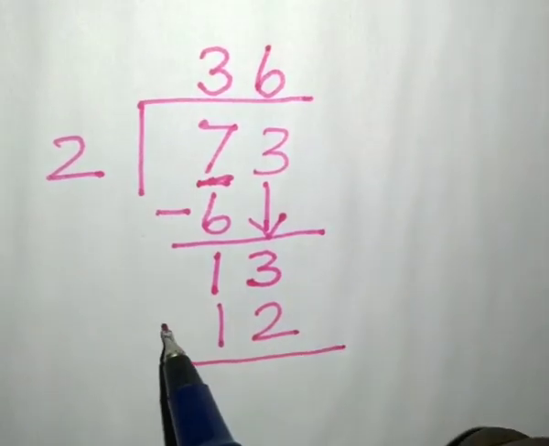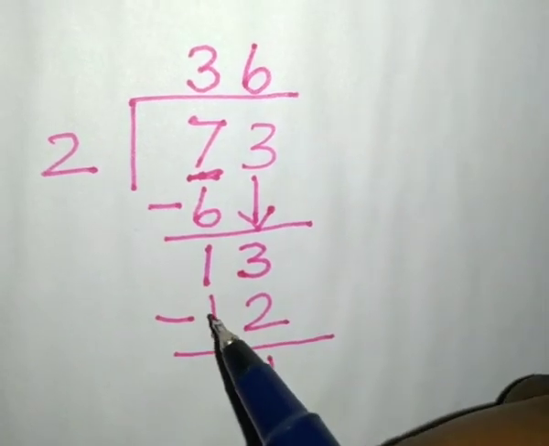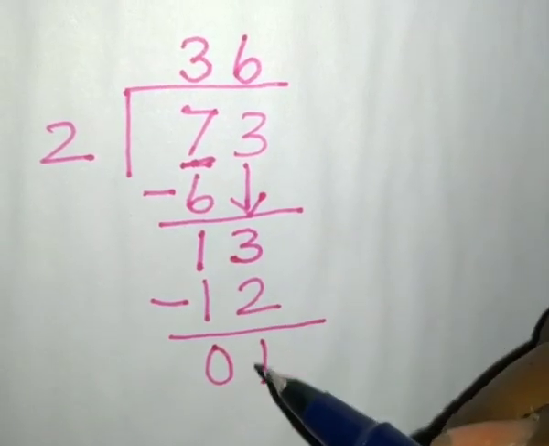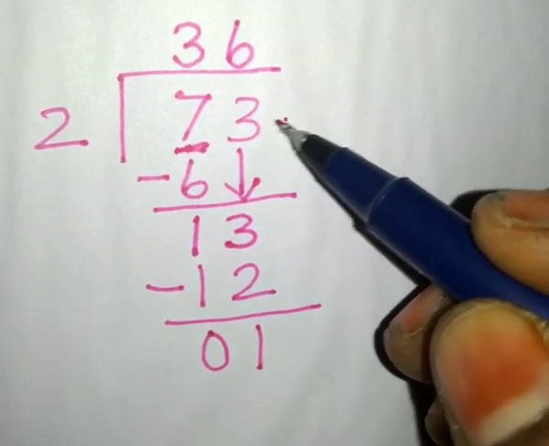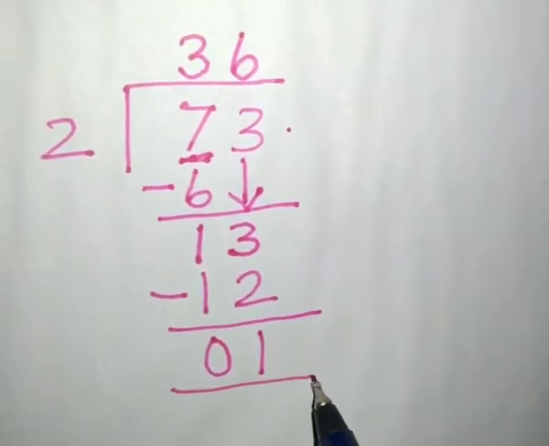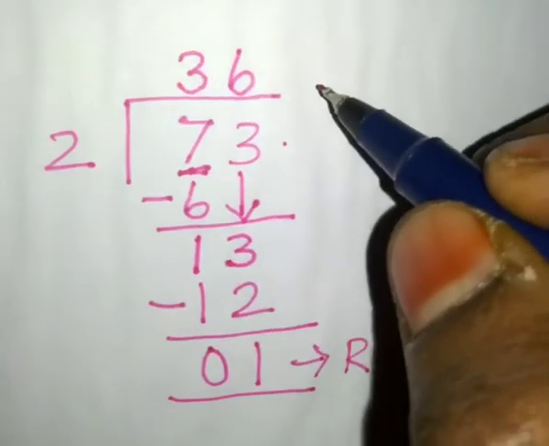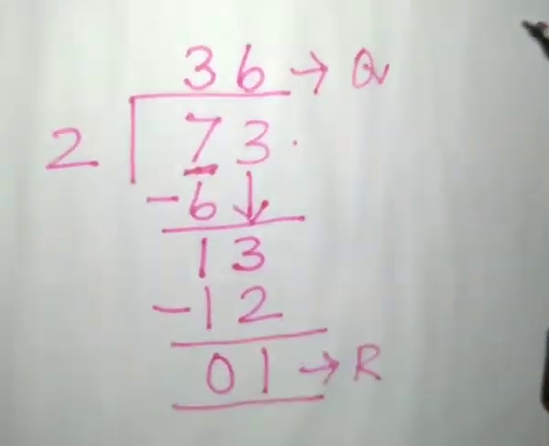Subtract these two values. 3 minus 2, 1. 1 minus 1, 0. After subtraction, do you have any other number after 3? No. So we have to stop here. Here the remainder is 1 and the quotient is 36.